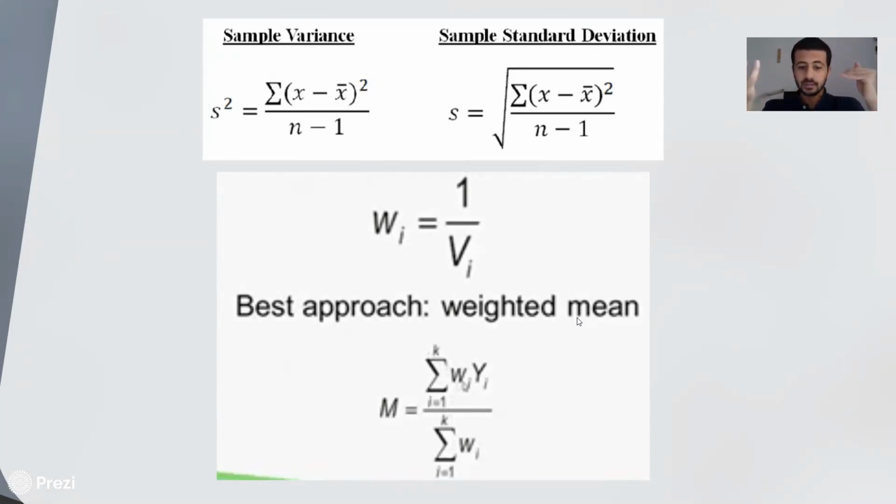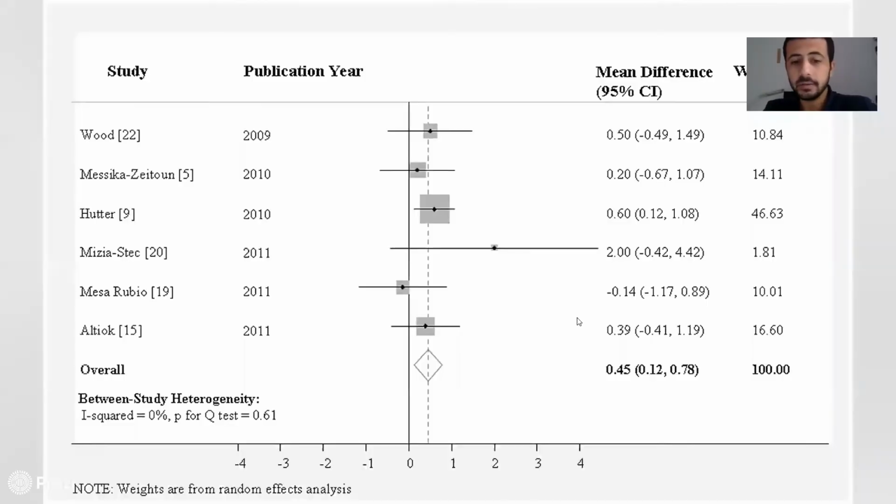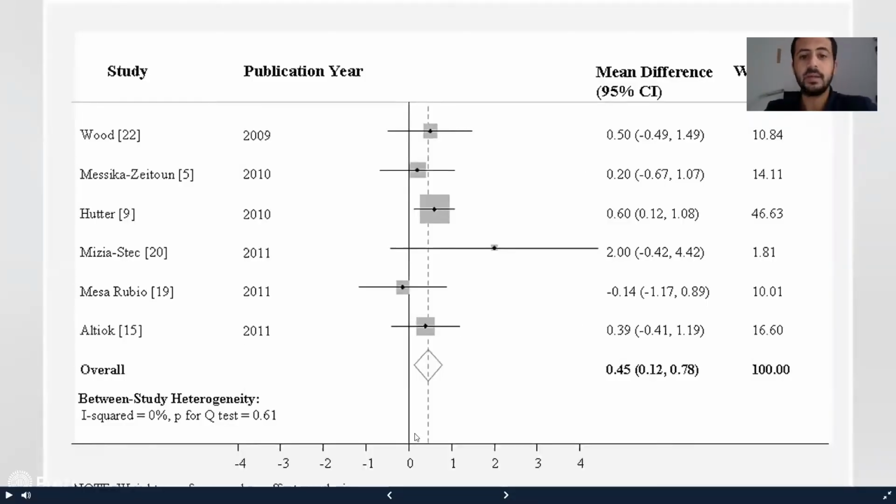The study with a higher sample size, will it have a lower weight or a higher weight, do you think? Higher. Higher risk of bias, lower weight or higher weight? Lower weight. Okay, and so on. Does that seem good? Yes. Okay, here you can find a meta-analysis.